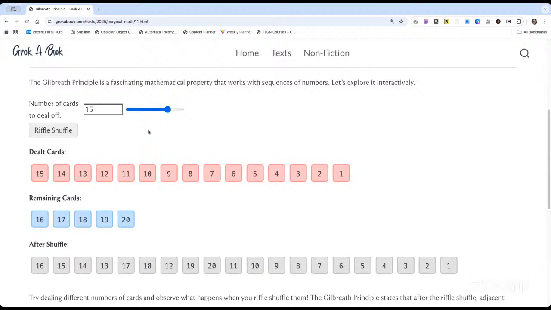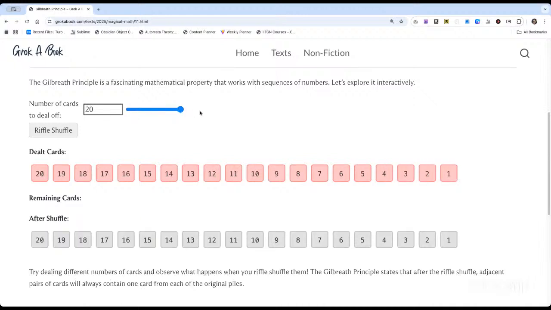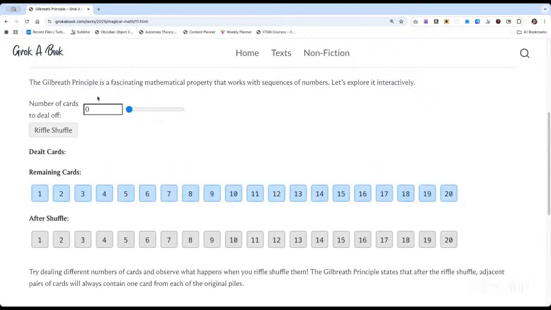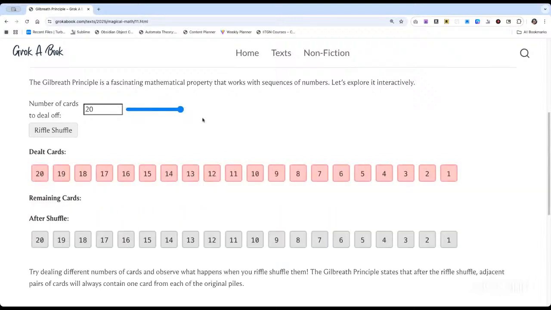But if we were to say n choose i for all i ranging from 0 to n, in particular, this other extreme where you deal off everything and you do an empty riffle is the opposite permutation from the one where you deal off nothing. So these are two distinct permutations.